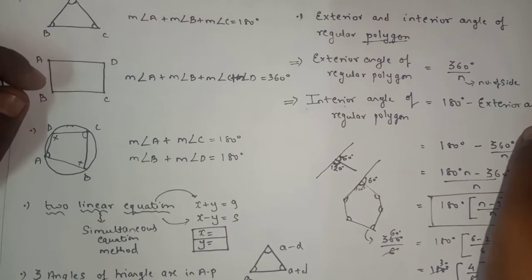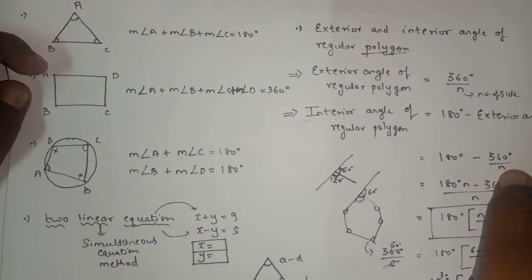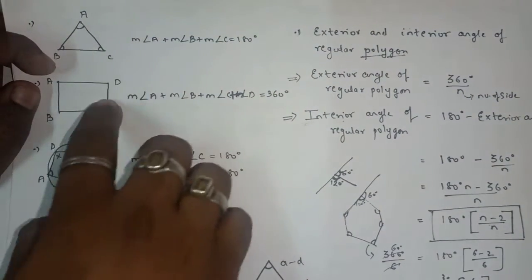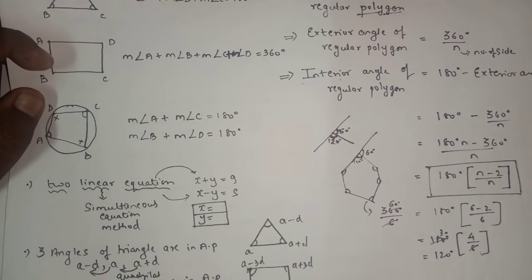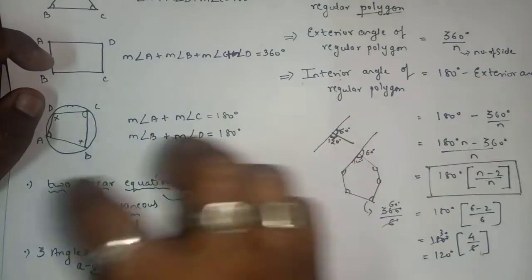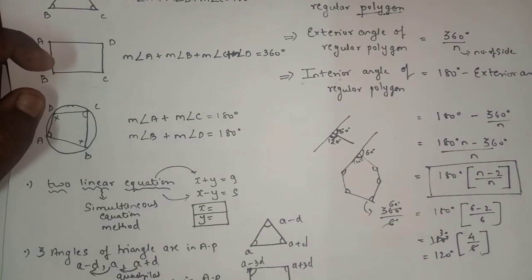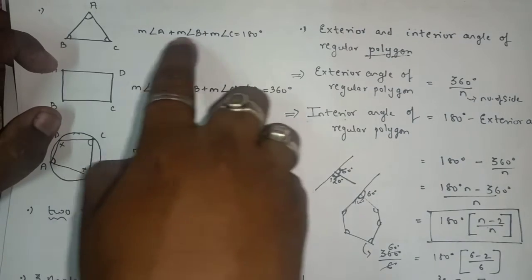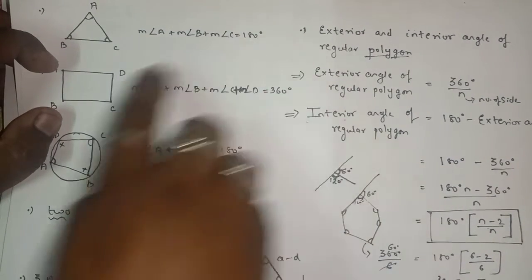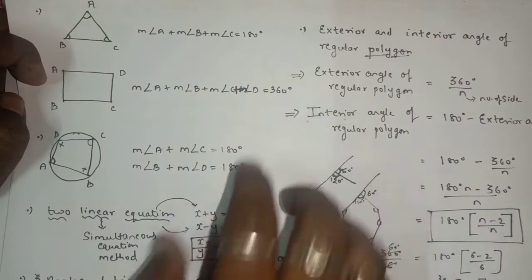Okay, so I hope you all understood the sums which were based on the triangle, quadrilateral and then linear equations. Just simply read and understand the question, frame the equation, check if it is a triangle, apply the property that the sum of the measures of the angles of a triangle is 180. If it is a quadrilateral, apply the property that the sum of the measures is 360.